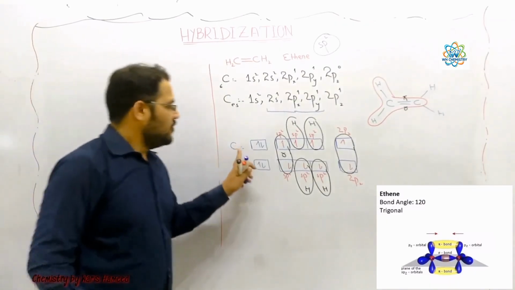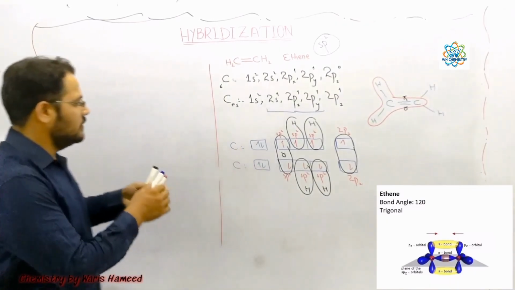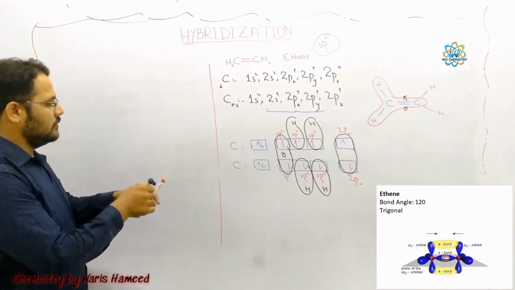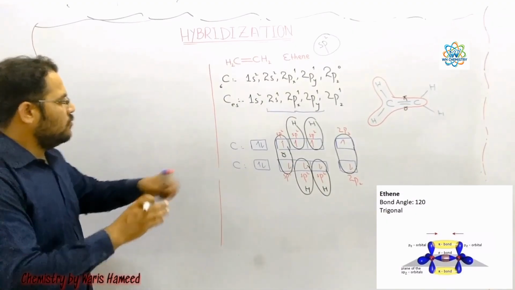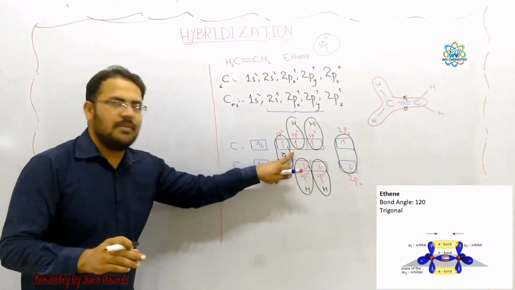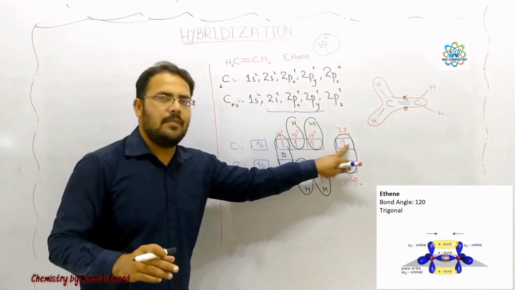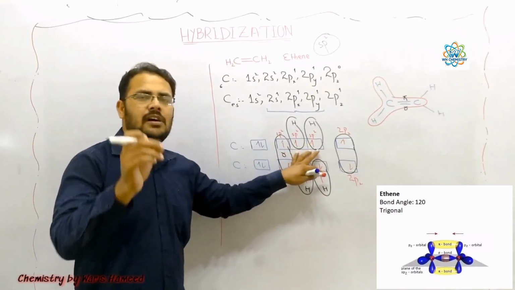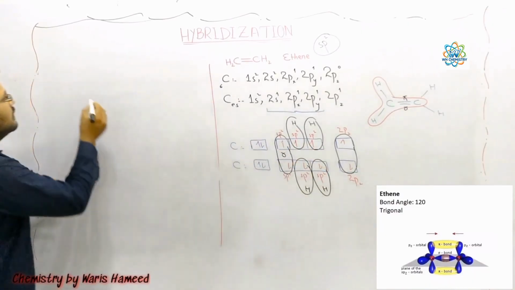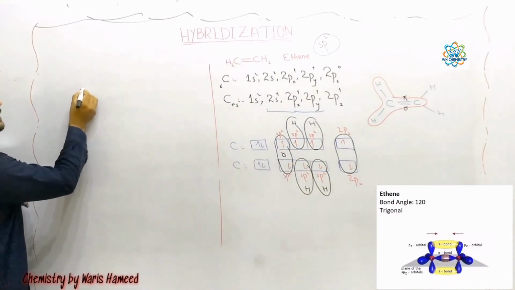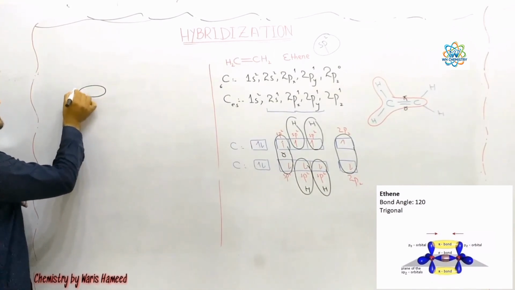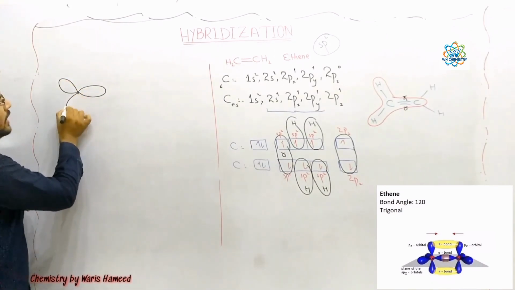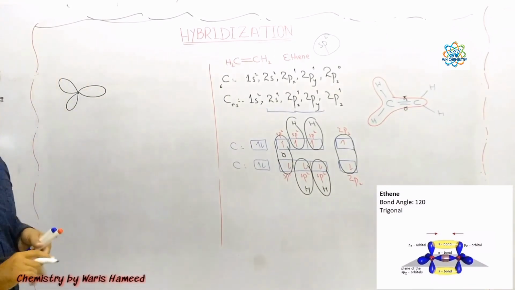Just for one carbon, it has 3 hybrid orbitals and 1 unhybrid orbital. First of all, draw the hybrid orbitals. Here is one hybrid orbital, a second hybrid orbital, and a third hybrid orbital.